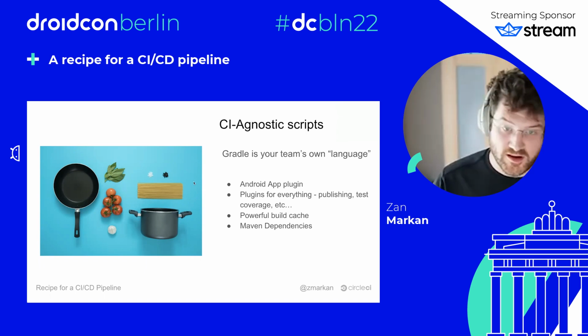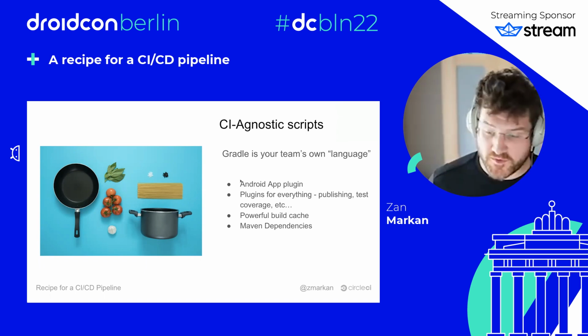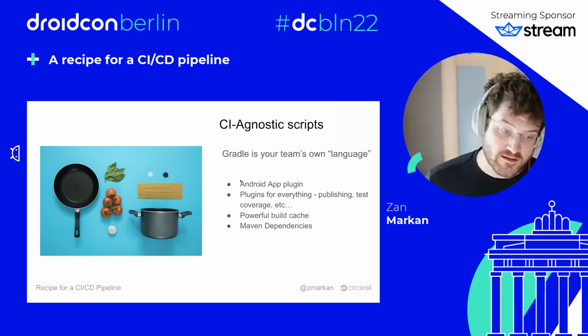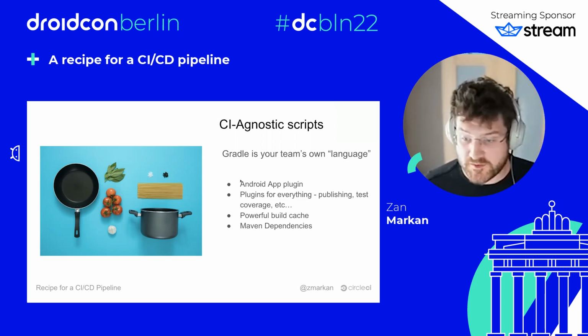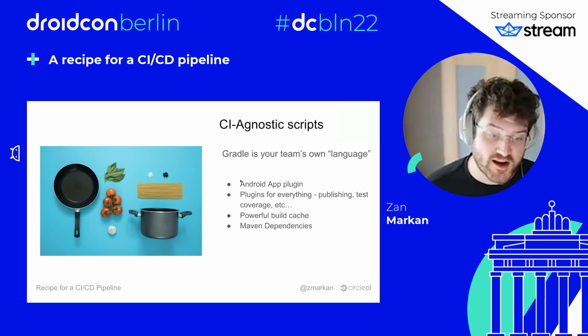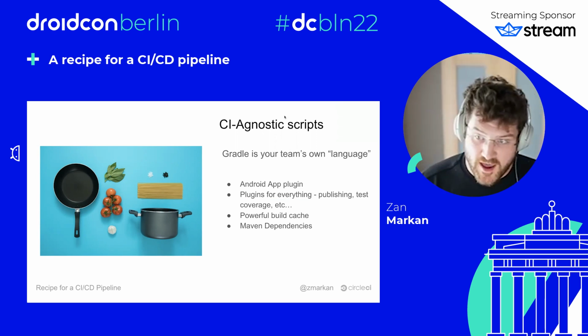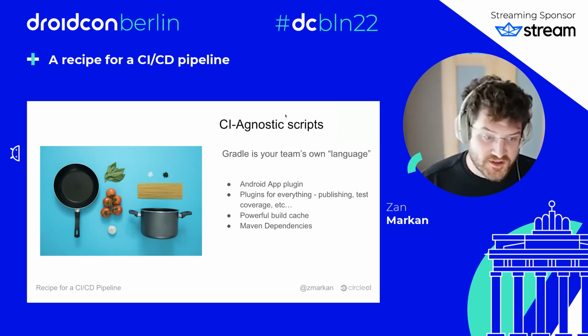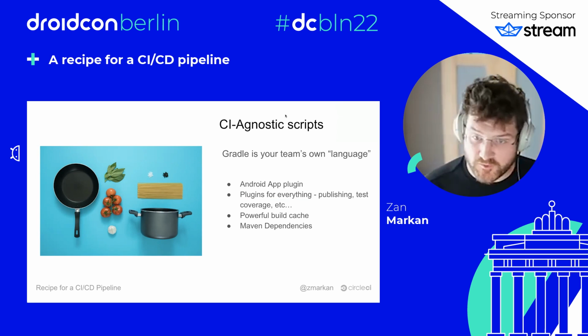So while we'll be looking at CircleCI in particular, most of those things you can move between different tools. It also has a really cool build cache. We'll use that to speed up a bunch of things. So hopefully most of the ingredients you already have in place for implementing a really tight pipeline for your own application or your own project.